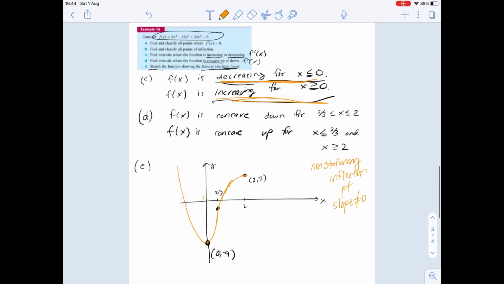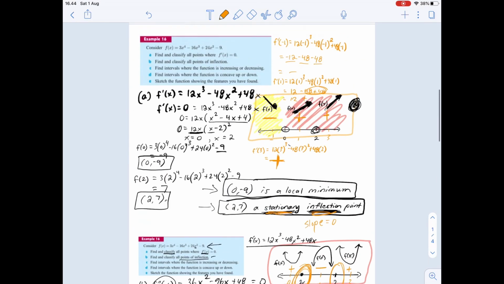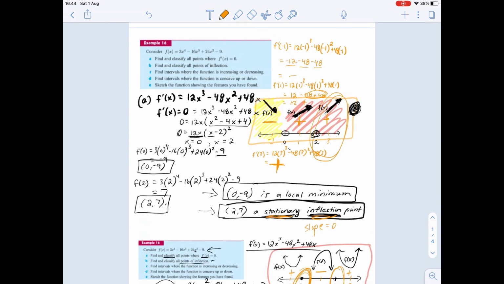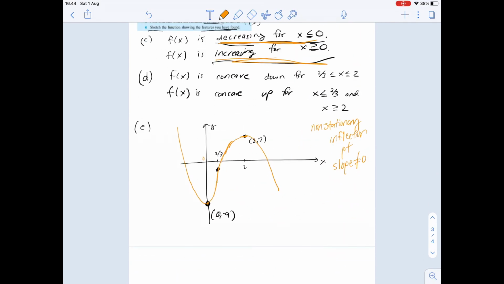And we know that what happens next, it does not go down. The reason it doesn't go down is that to the right of 2, it's always increasing. So it has to be increasing everything to the left of 2. So it almost goes horizontal, and then it'll kind of have this action right here.